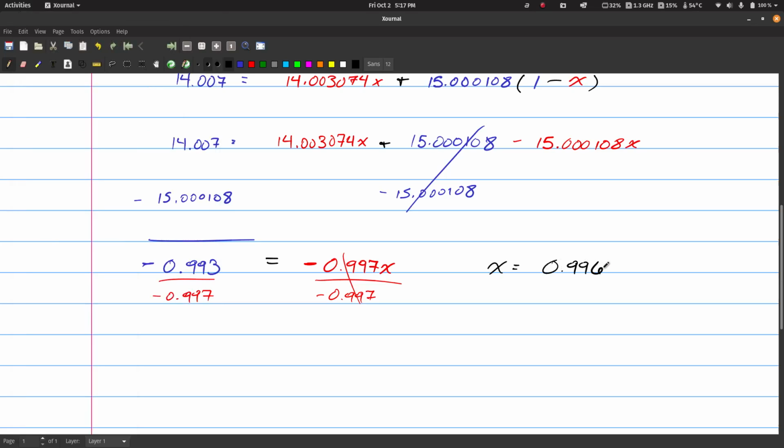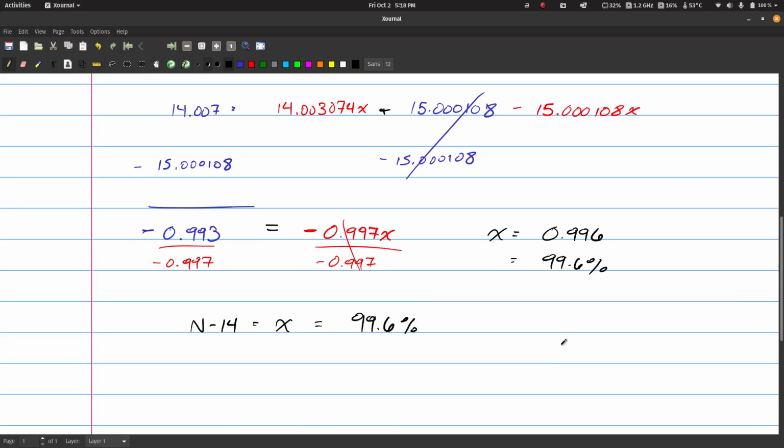So in percentage world, since N14 has a percentage of x, it has a percentage of 99.6%, or 0.996, because that's what the decimal version was.